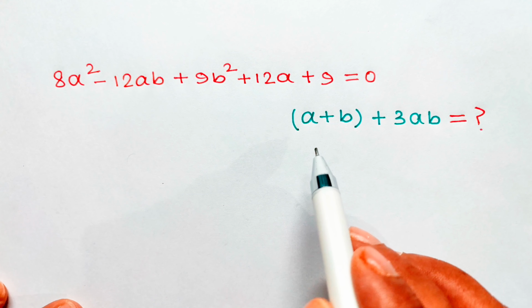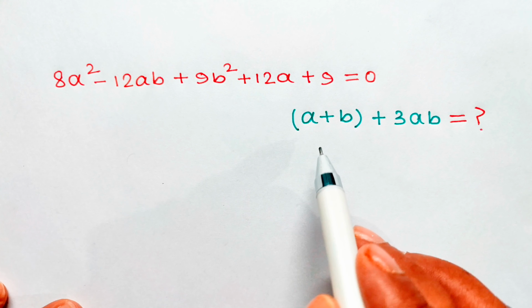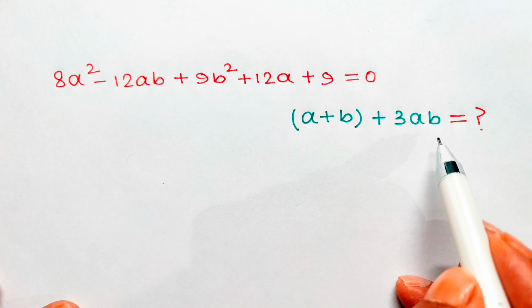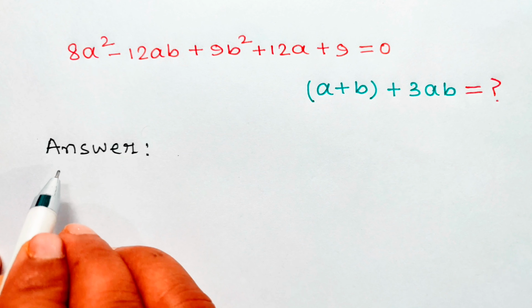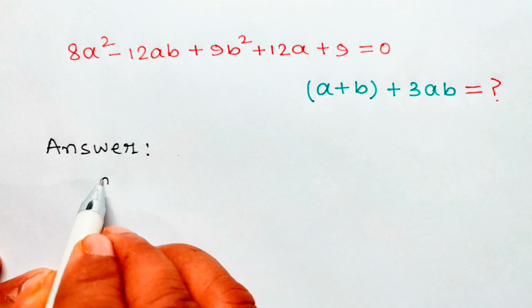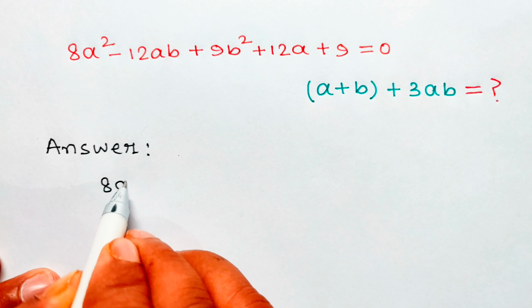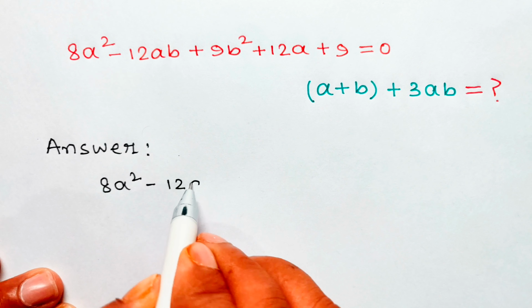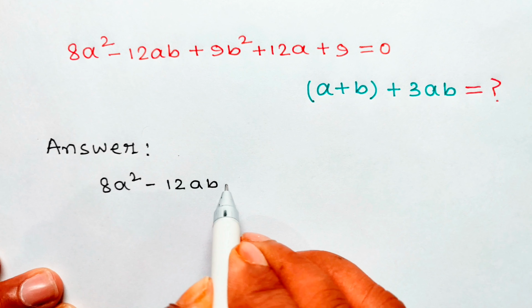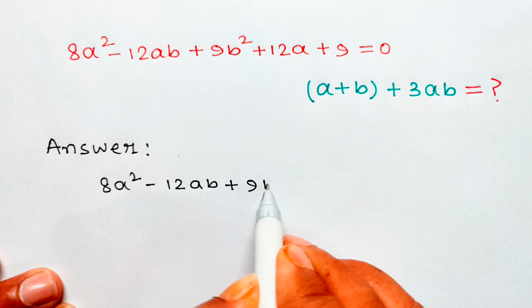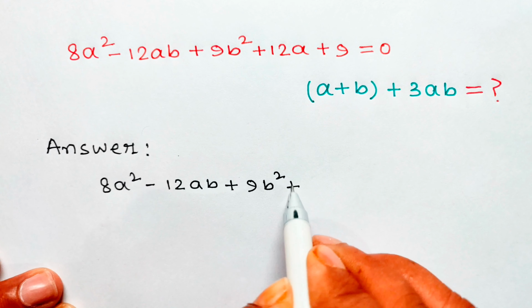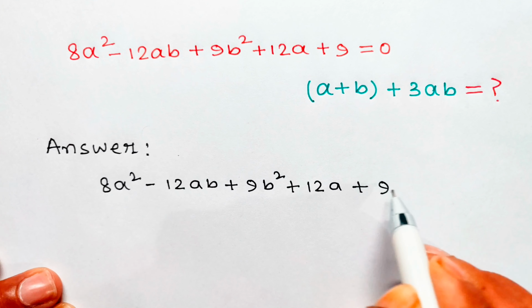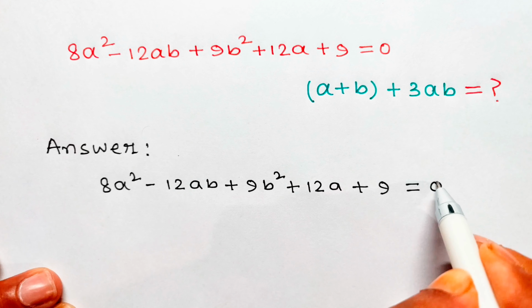Now we are going to find the value of a + b + 3ab. Answer: 8a² − 12ab + 9b² + 12a + 9 = 0.